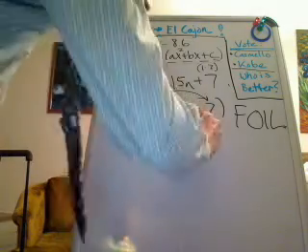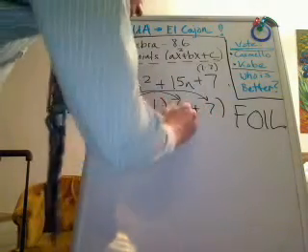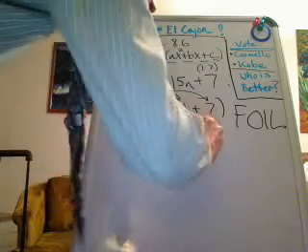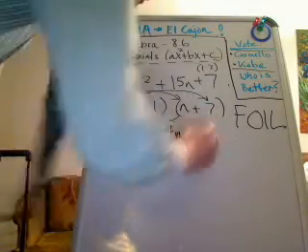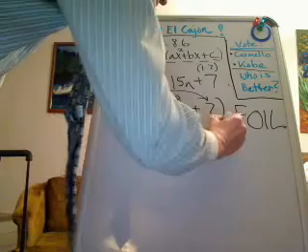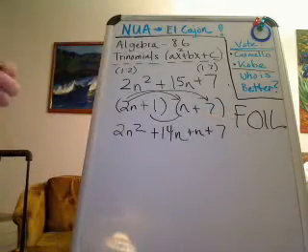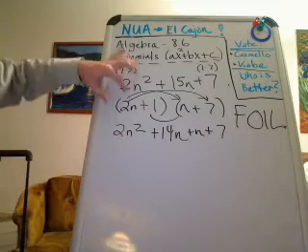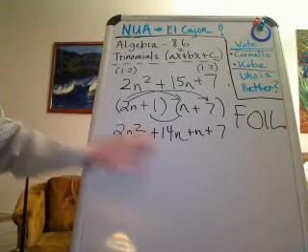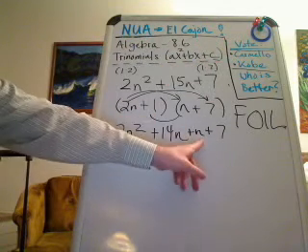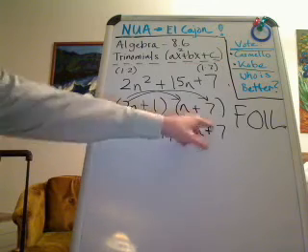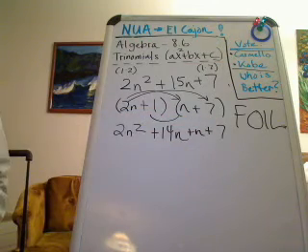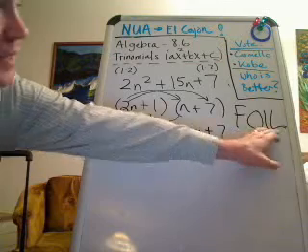And then plus 1 times n is n. And 1 times 7 is 7. Now look at my elbow out of the way here. What did I do? I went 2 times n is 2n squared. 2 times 7 is 14n. 1 times n is n. And then 1 times 7 is 7. I FOILed it. First, outer, inner, last.